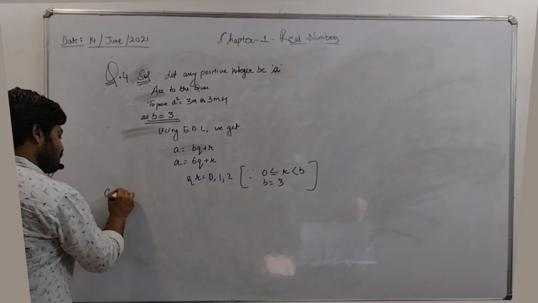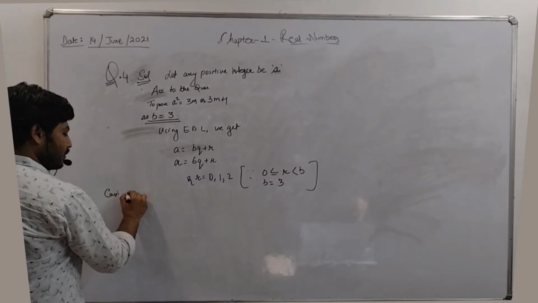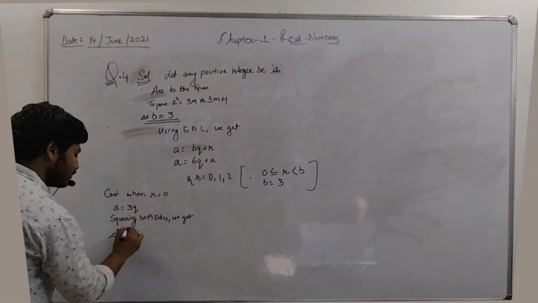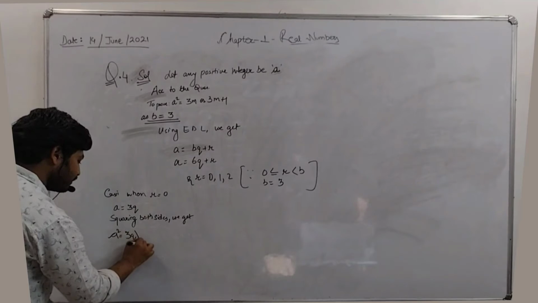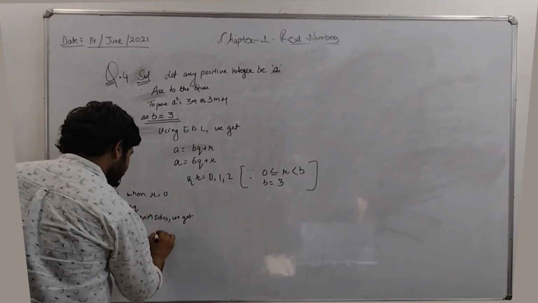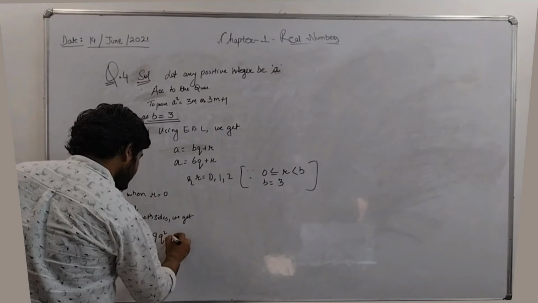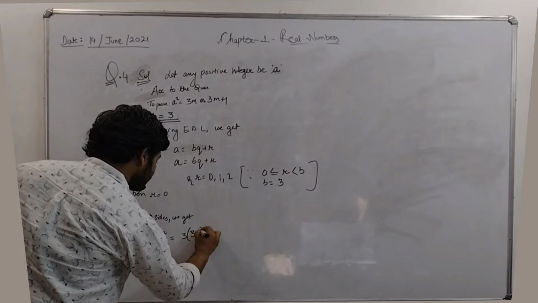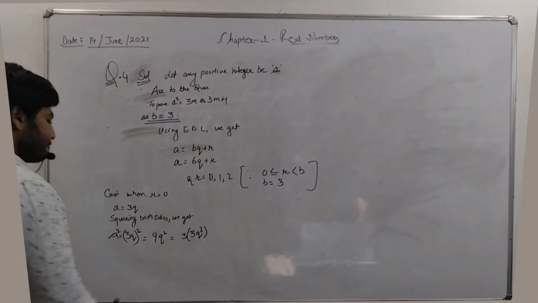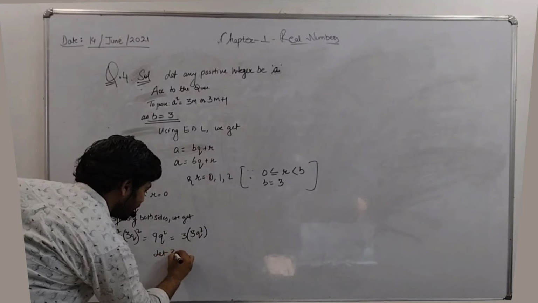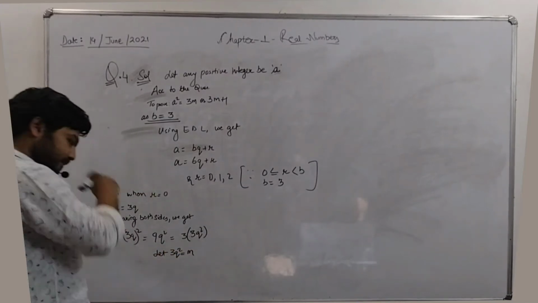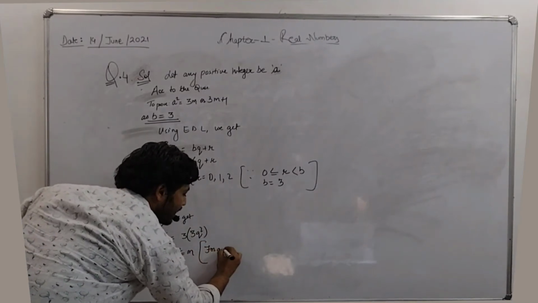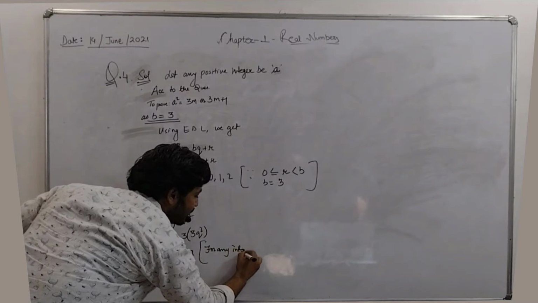So case 1, when r is equal to 0, a square is equal to 9q square, which we can also write as 3 into 3q square. Let 3q square is equal to m for any integer m.